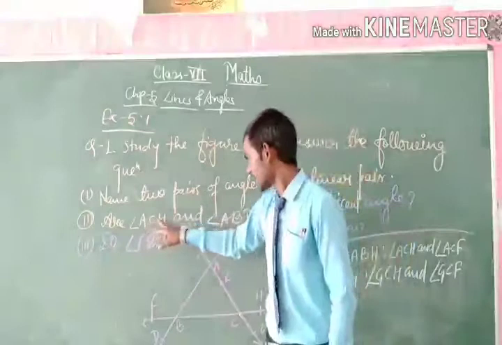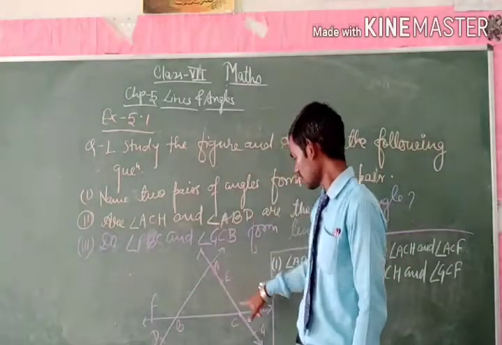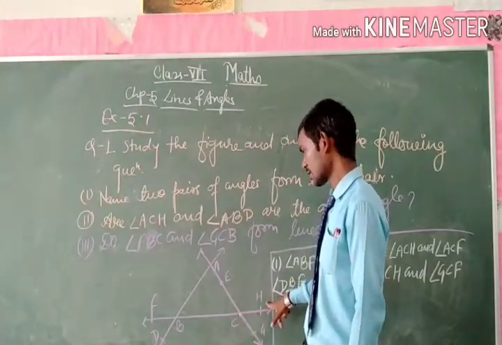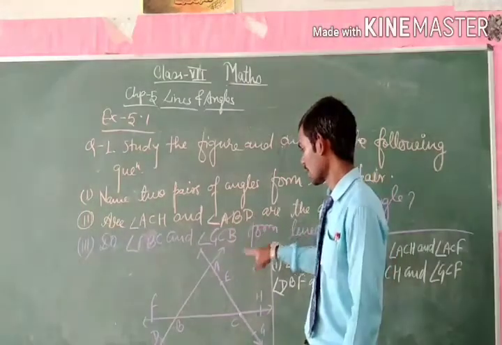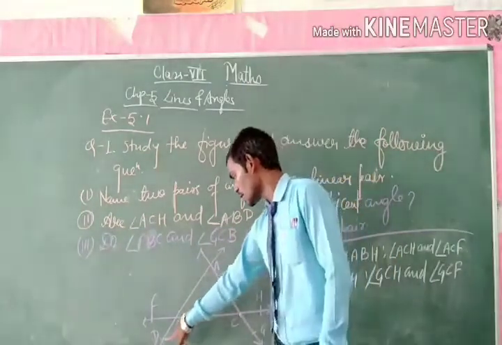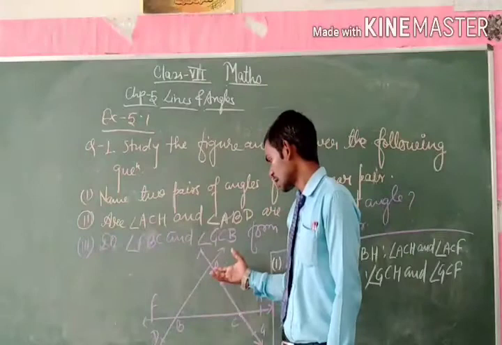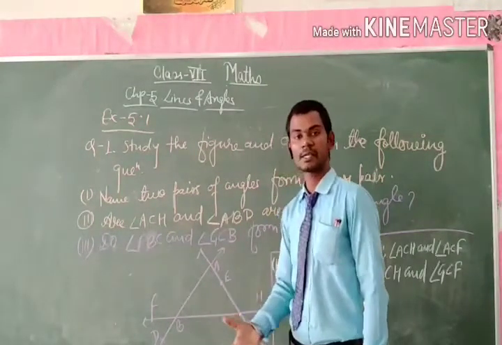Angle ACH and angle ABD. We have to say whether these two angles are adjacent angles.